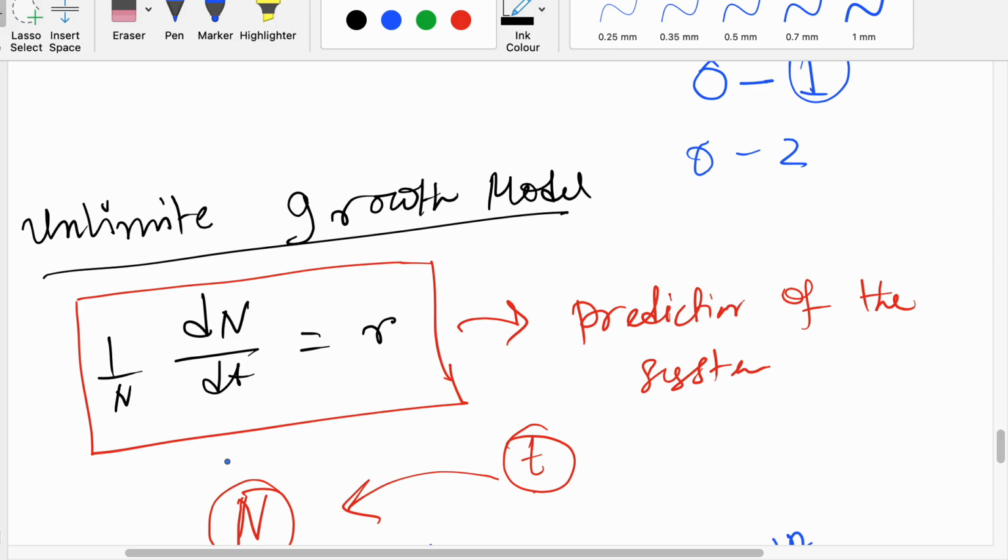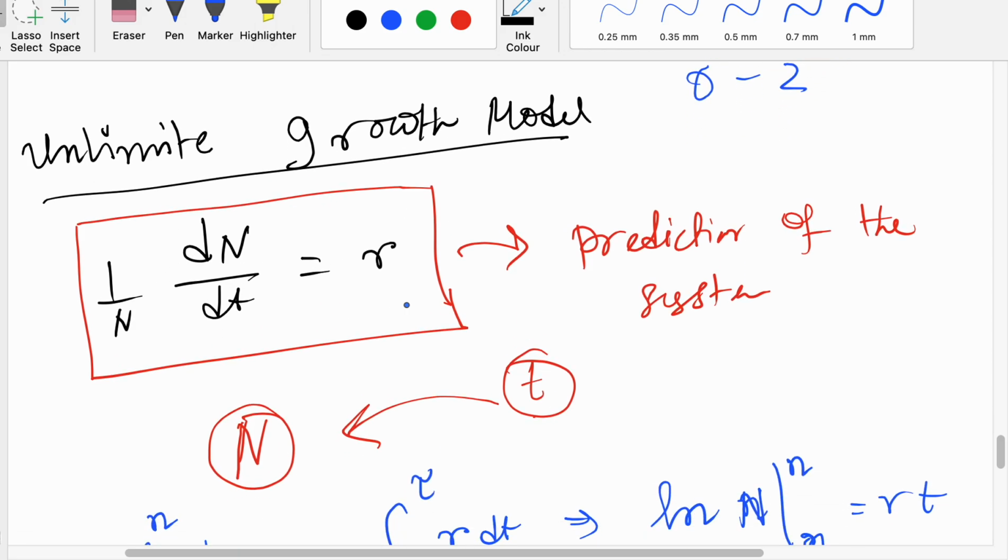If that resource is infinite, then there is no limit on how much each individual can use. So naturally all the individuals will use that resource, and they will grow at a constant rate per capita. On average, every individual's birth rate minus death rate will remain equal.